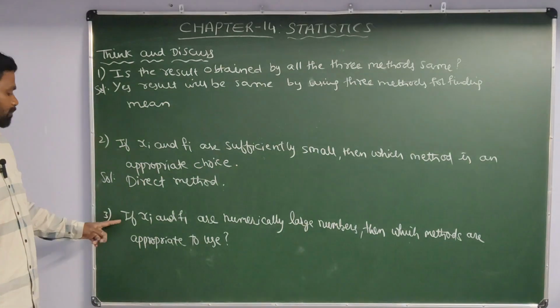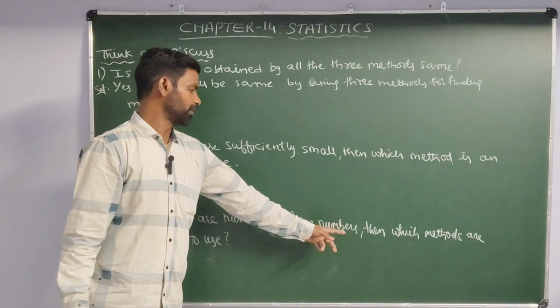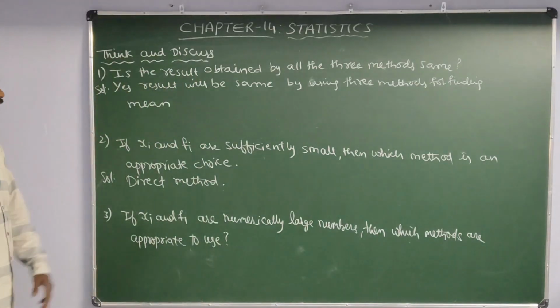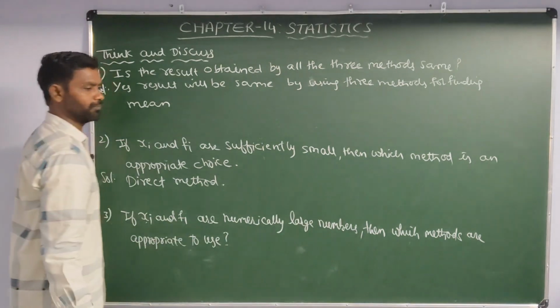Okay. Next question. If xi and fi are numerically large numbers, then which methods are appropriate to use? The xi are nothing but observations and the fi are nothing but frequencies.